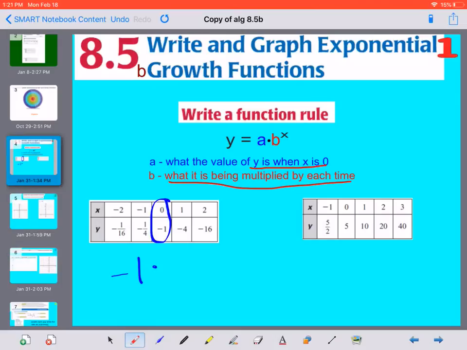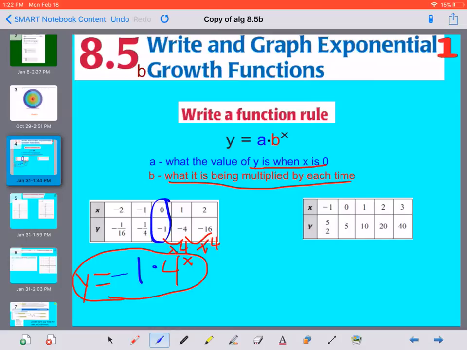Well, if I look here, -1 to -4, that looks like it's being multiplied by 4. -4 to 16, that's also being multiplied by 4, so it looks like we're multiplying by 4. Now we always have to put 4 to the power of x, and all that equals y. So our rule is y equals -1 times 4 to the power of x.